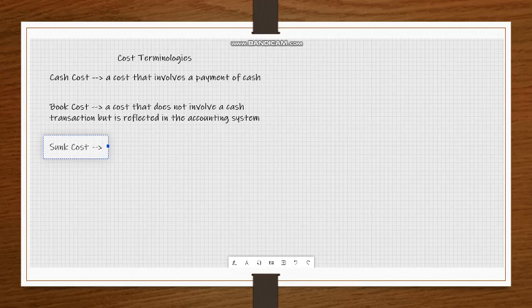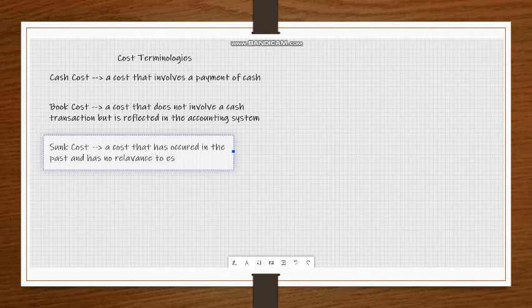Sunk cost is a cost that has occurred in the past and has no relevance to estimates of future cost and revenue.